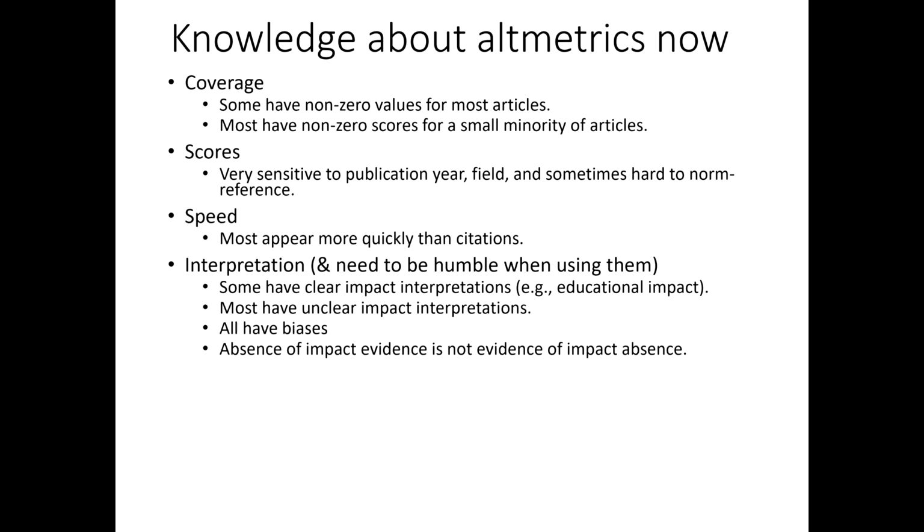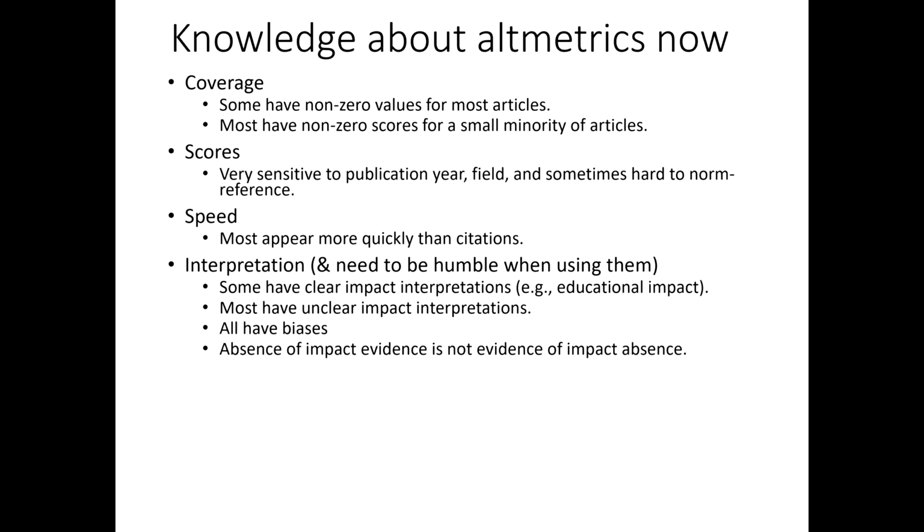And I would also say that all Altmetrics have biases, often very substantial biases, which I'll talk about a little bit later. And also on the humble side, the absence of impact evidence is not evidence of impact absence. So an article which has a score on any Altmetric or even all Altmetrics doesn't necessarily have no impact.